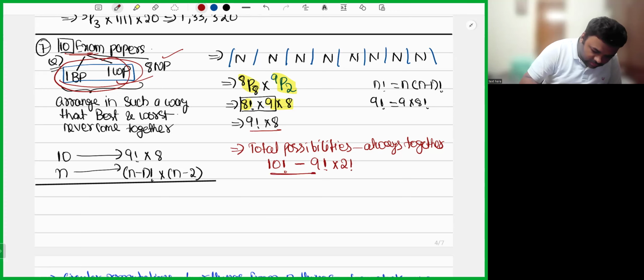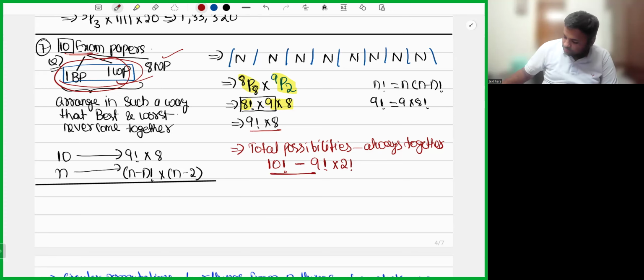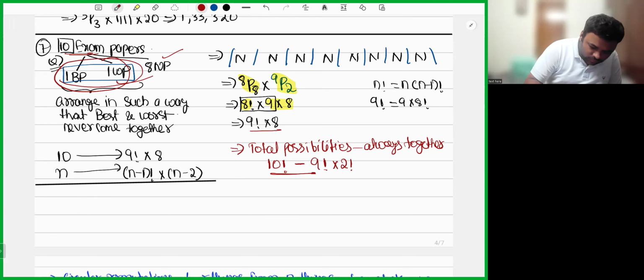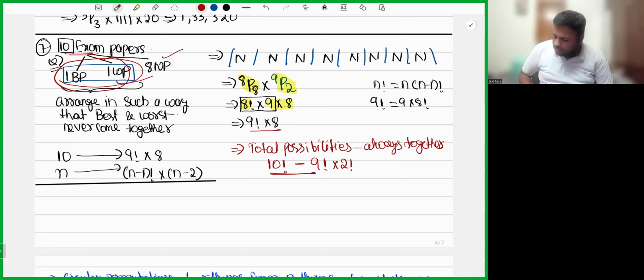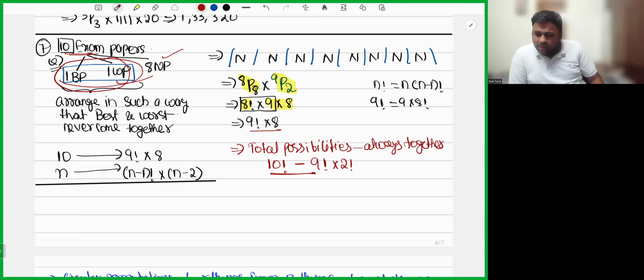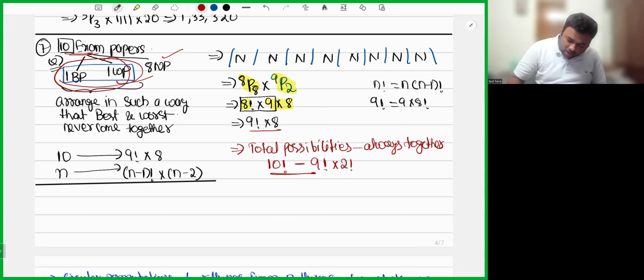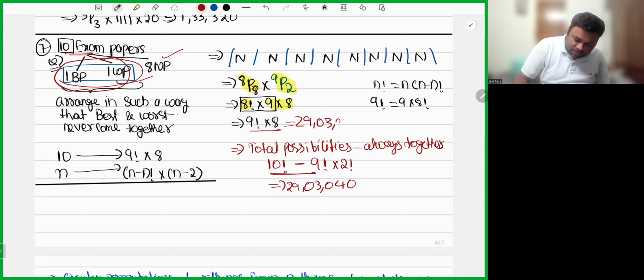Let me check. Both of the answers will give 29 lakh 3,040. Here also you will get 29 lakh 3,040.